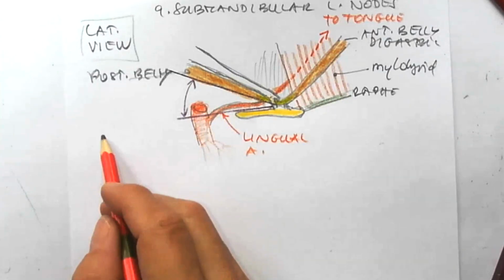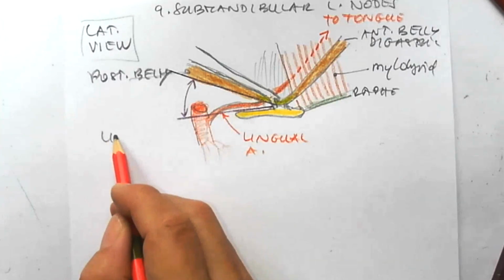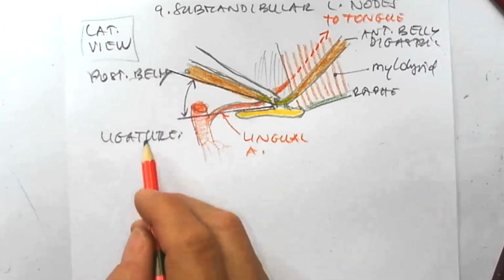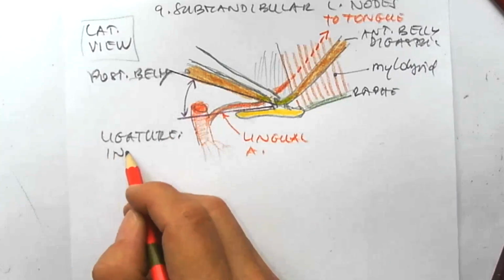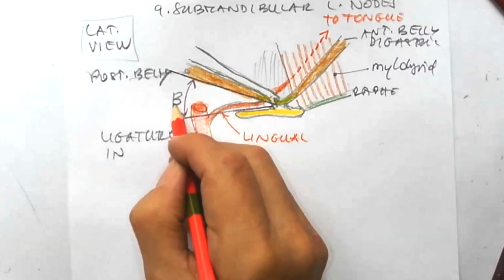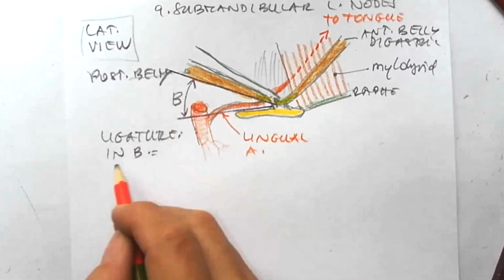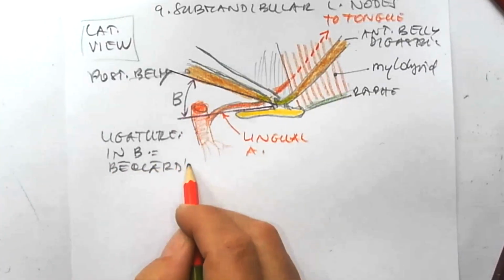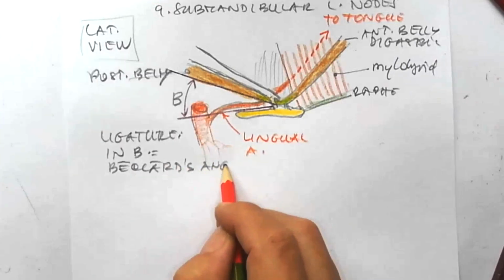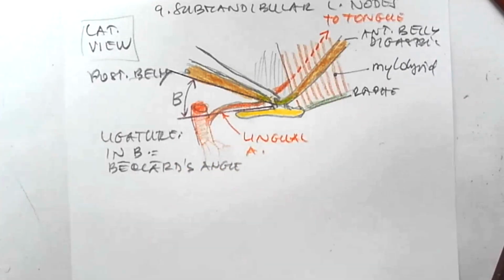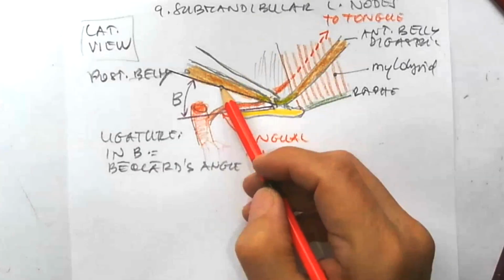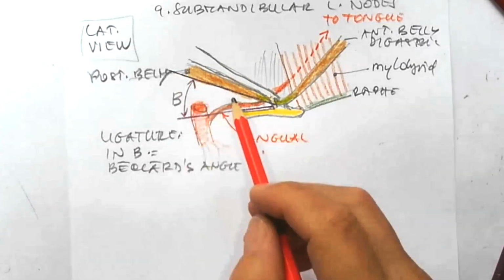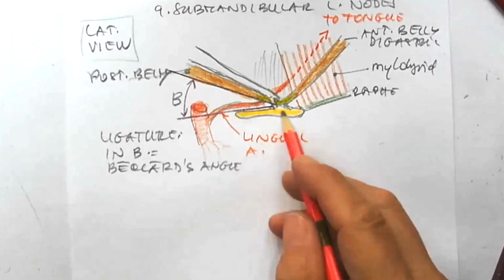We could say the ligature could be found in B, which is Becklard's angle. It is not necessary to define the angle, because it is bounded by the posterior belly and the greater horns of the hyoid.